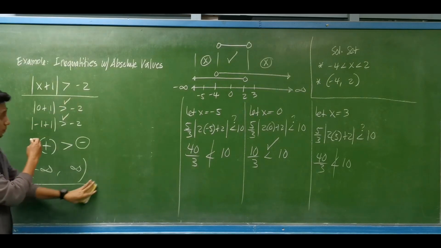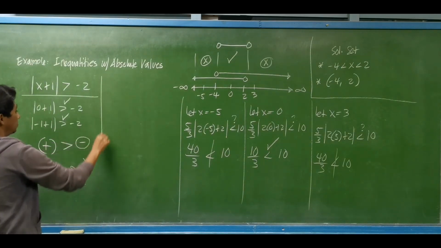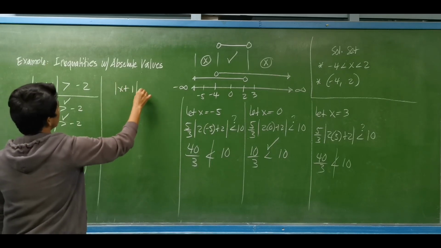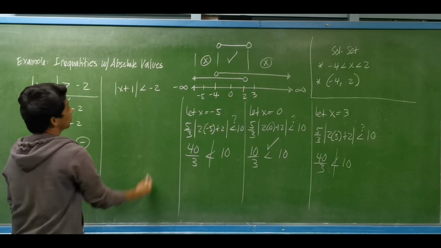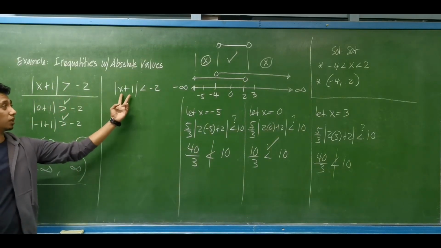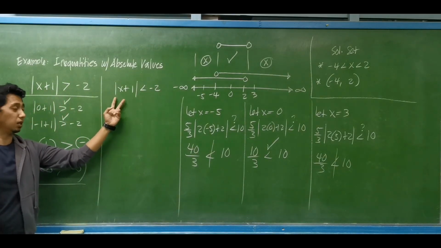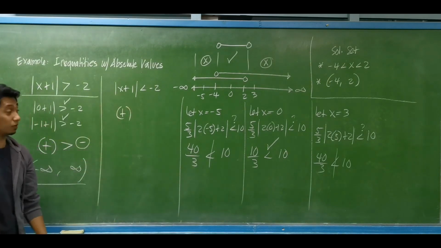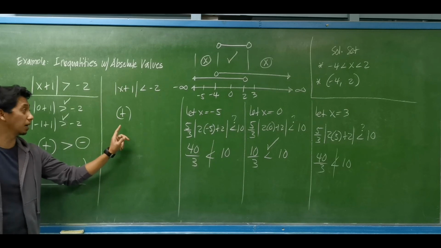So what if we do it the other way around? The absolute value of x plus 1 is less than negative 2. Take note, if you are using an absolute value sign, other than 0, we will always have a positive value.